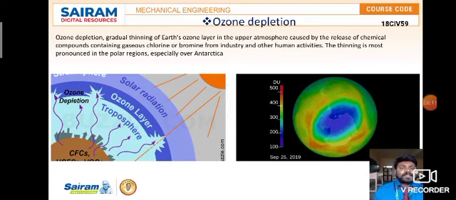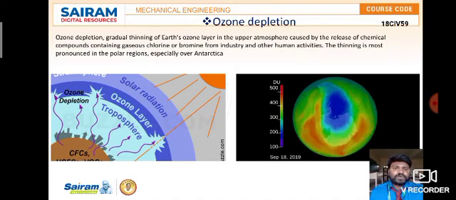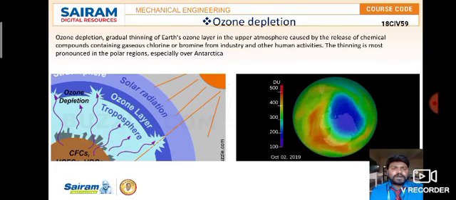The sun's radiation, everybody knows about it. Ozone depletion: the sun's radiation comes and falls on the ozone layer. And the emissions coming out from our day-to-day usage, like carbon dioxide, chlorofluorocarbons, hydrochlorocarbons, all these things will be the reason for the depletion of the ozone.